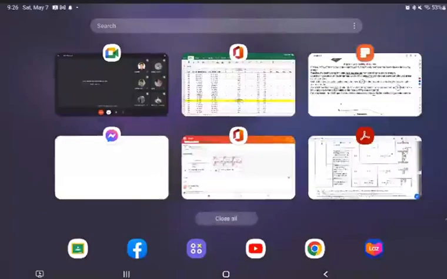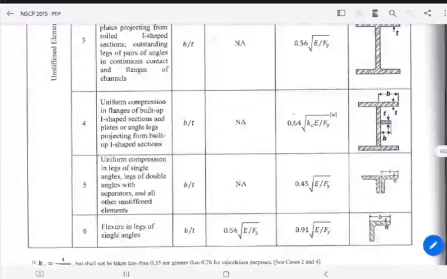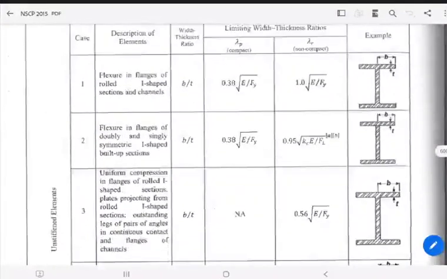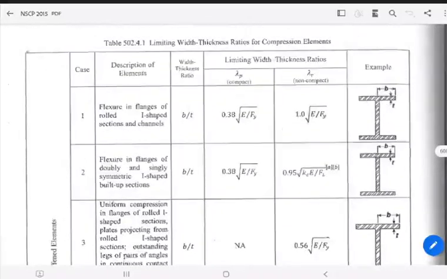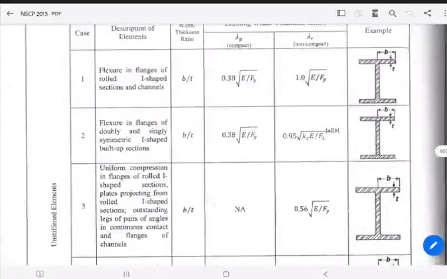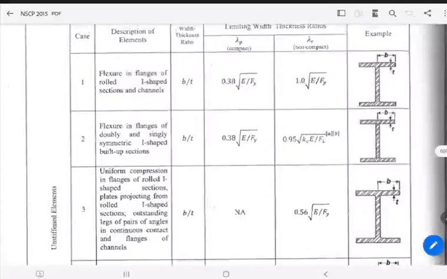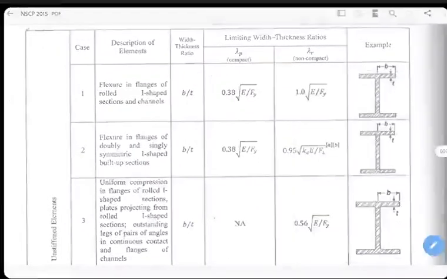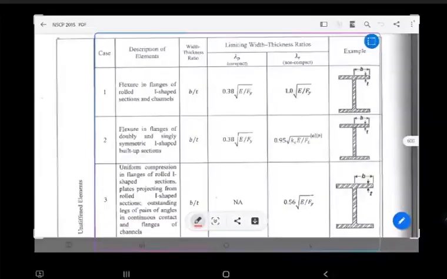For compression, diba ano ba yung mga compression natin dito? Number 3, yung lambda r natin, alright, ito.